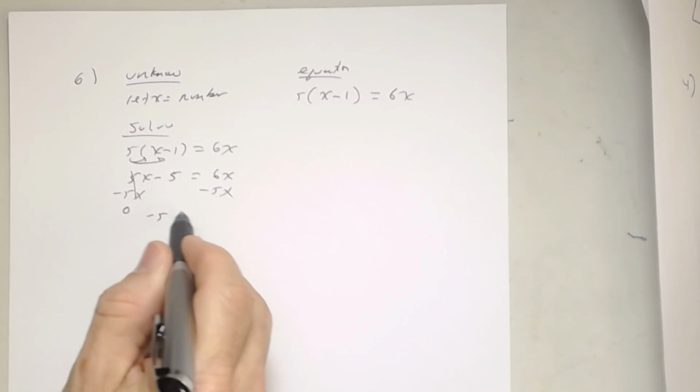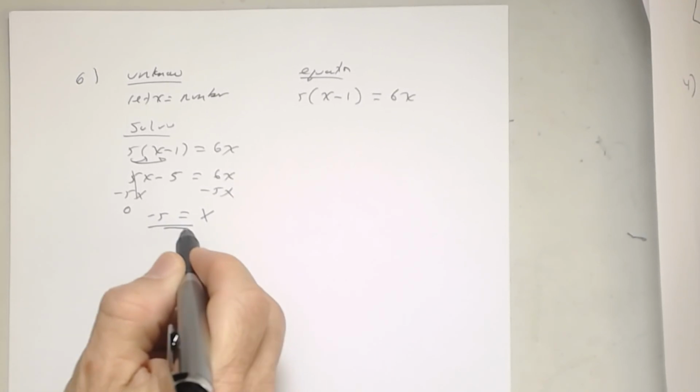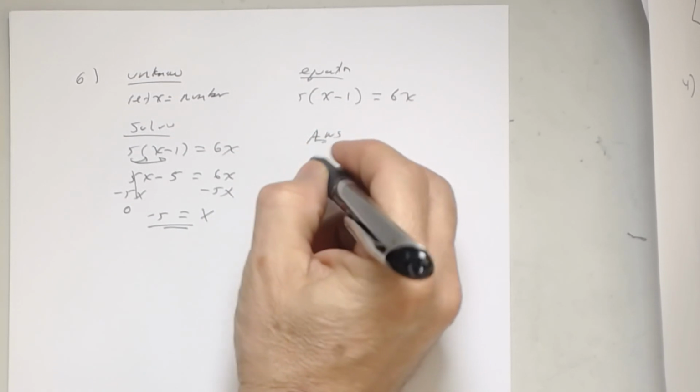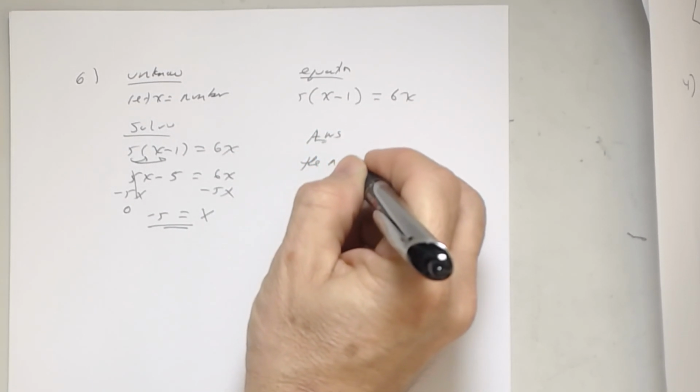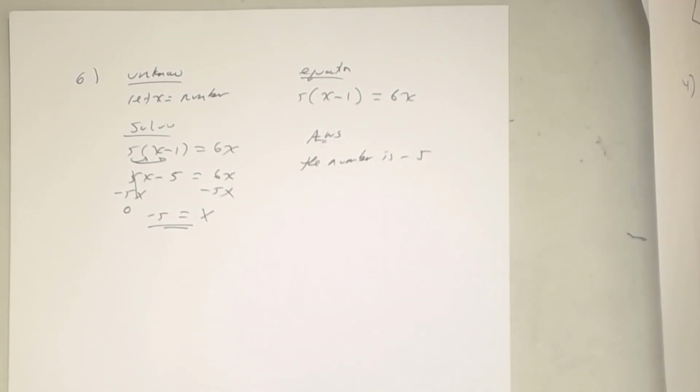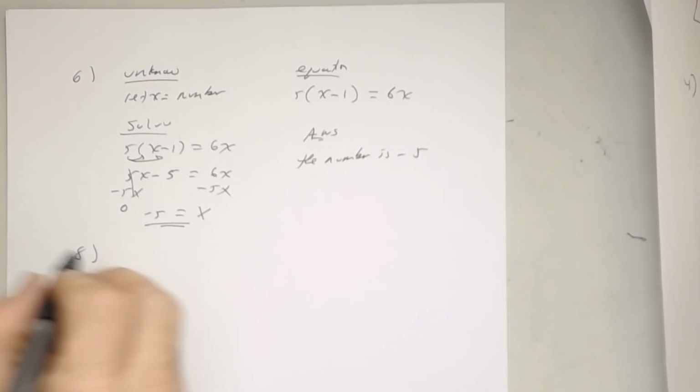So you get negative 5 is equal to x. So you can say the number is negative 5. Okay. Number 8.